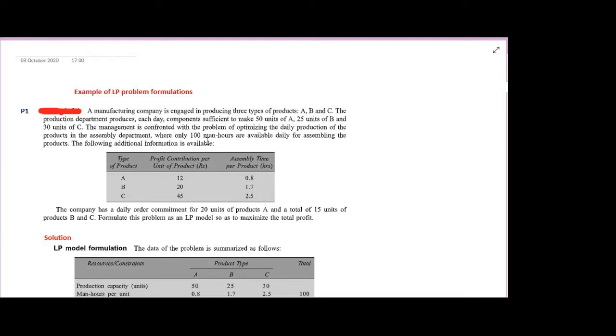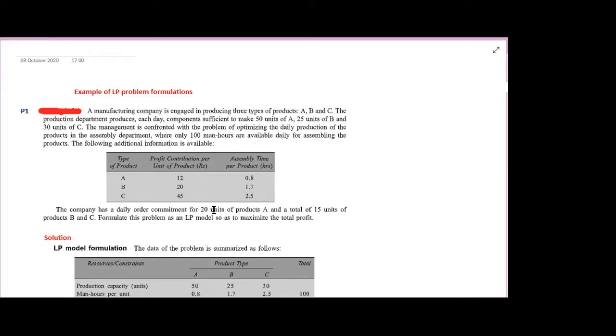The following additional information is also available. The profit contribution per unit of product is 12 for A, 20 for B, and 45 for C. And the assembly time consumed per product is 0.8 for A, 1.7 for B, and 2.5 for C. The company has a daily order commitment of 20 units of product A and a total of 15 units of product B and C combined, right?